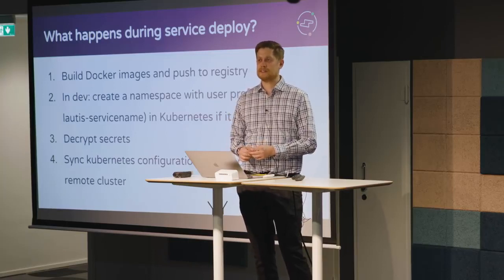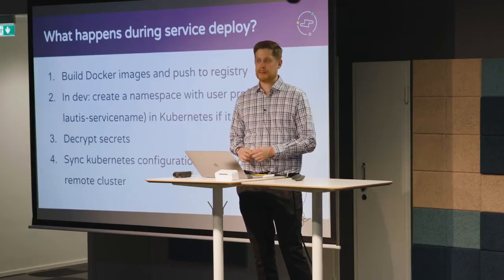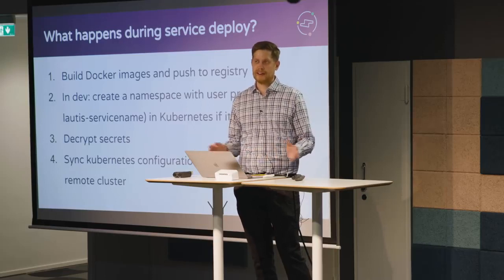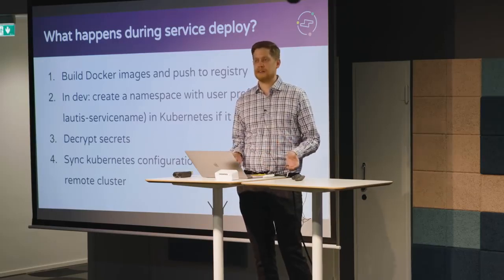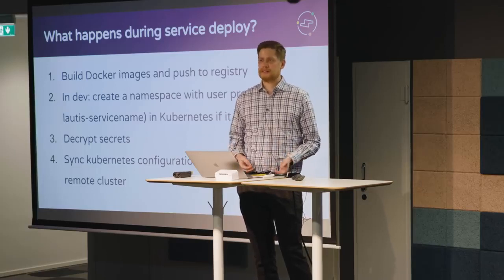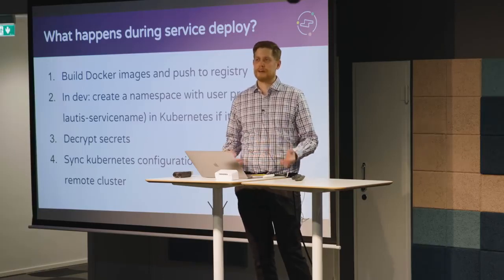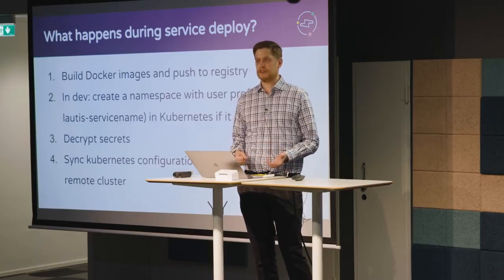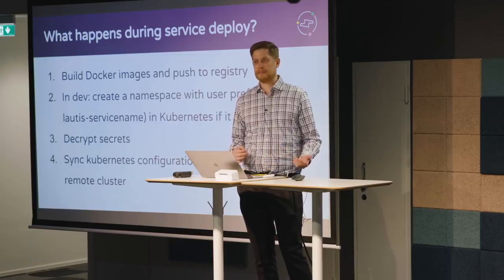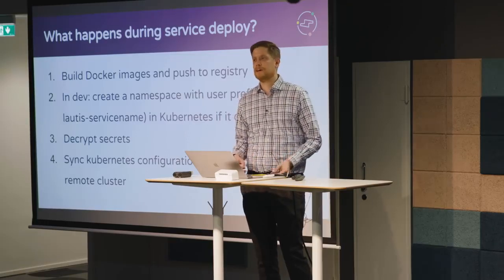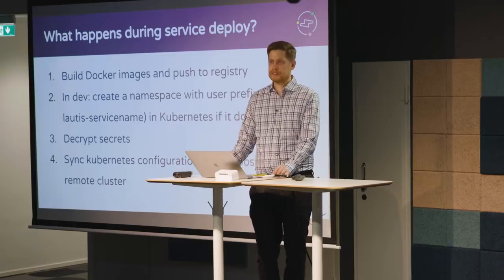So we have this schema where it's prefixed by each person's identity, which they can choose. In my case, it would be Lautis, and then I'd be running stuff in Lautis-service-name, for example. And that namespace also needs some configuration for Kubernetes deploy to be able to decrypt secrets, so that needs to be synced when the namespace is created.